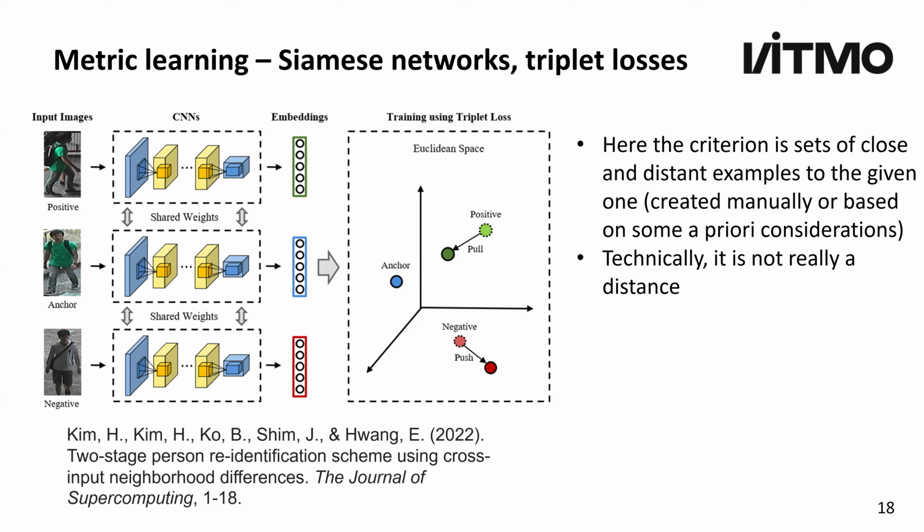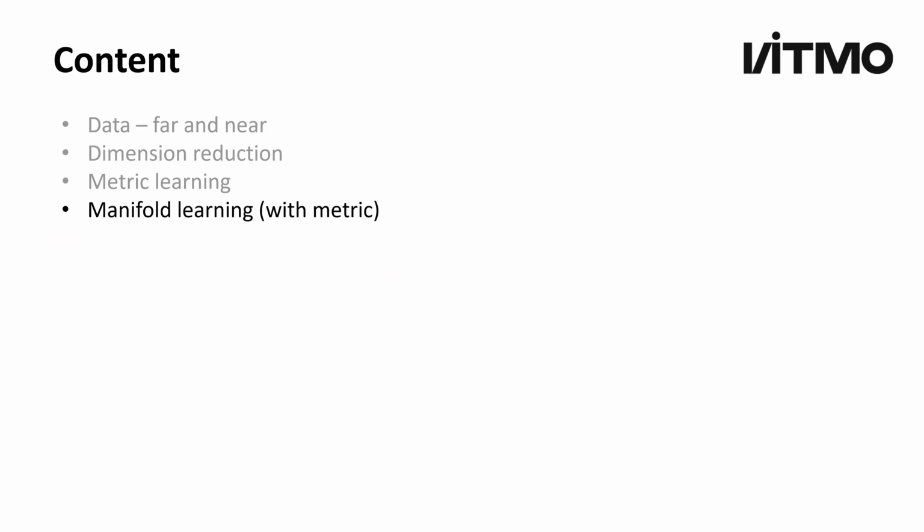So yes, now we move to the crucial point. We should move to manifold learning, and that means that we should learn somehow a very good graph. But we should think about what a very good graph is.